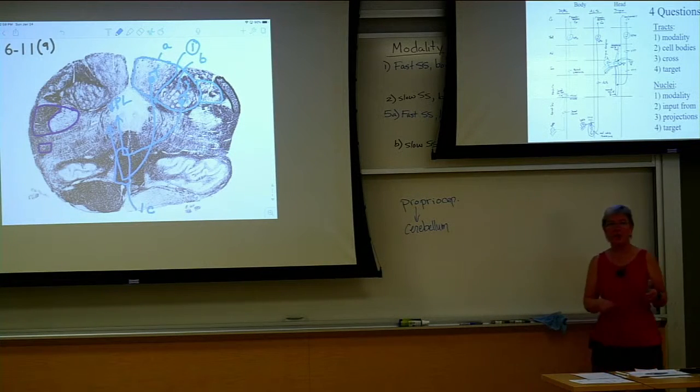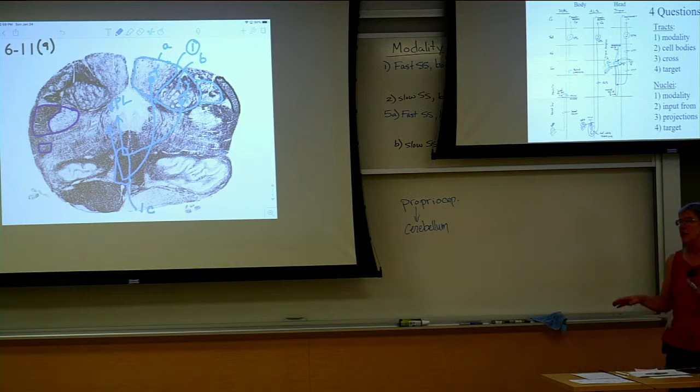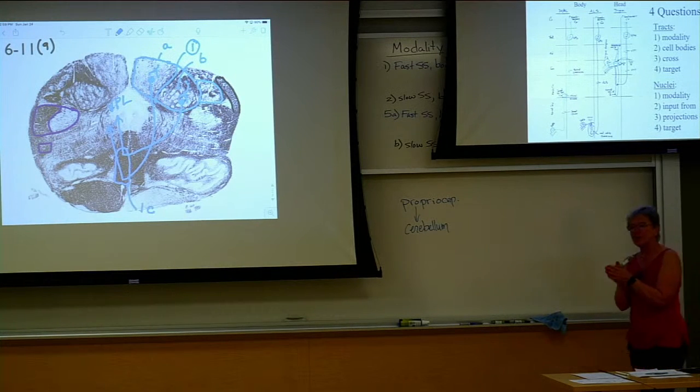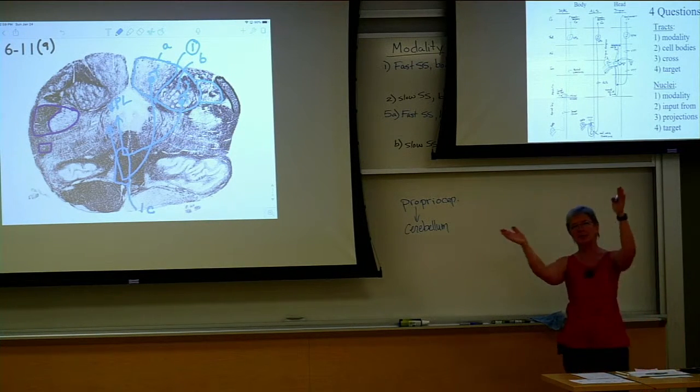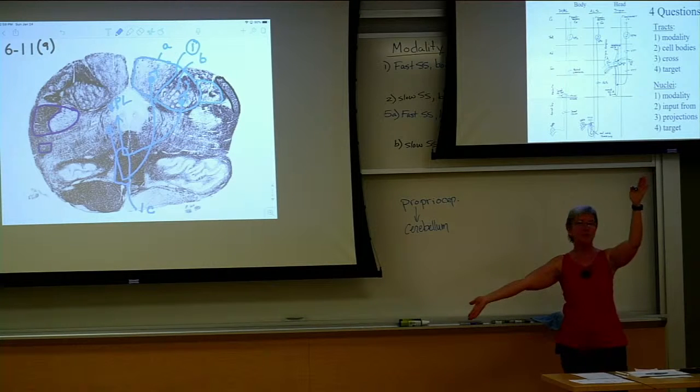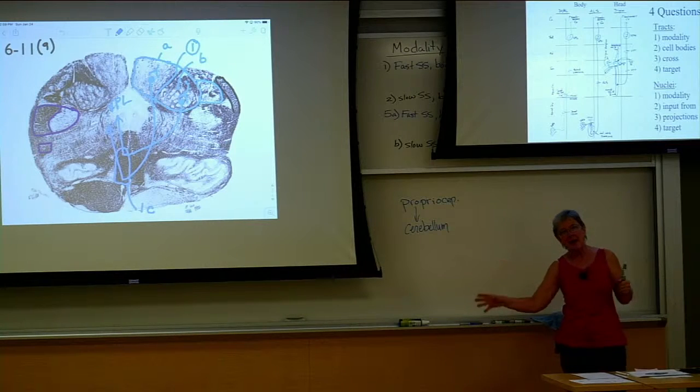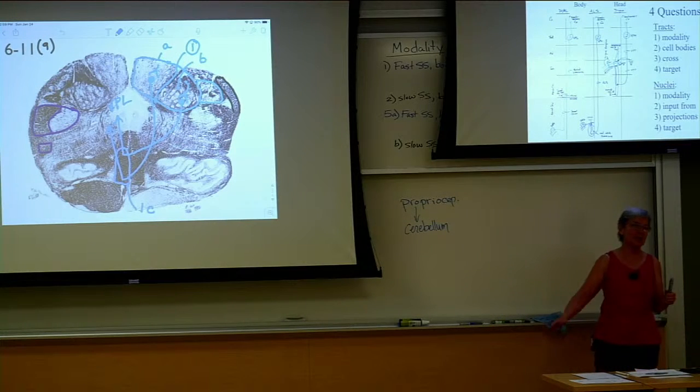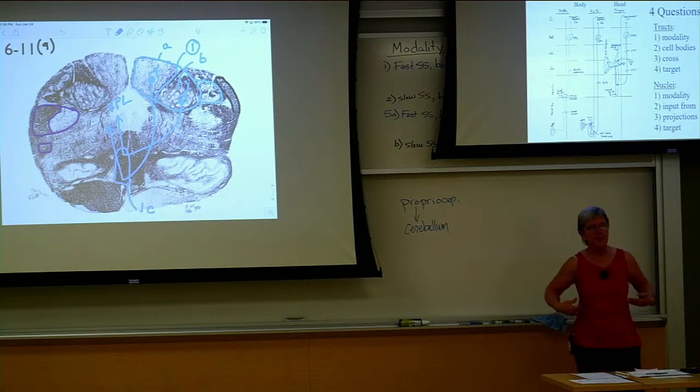For the lower body, we already covered that. The primary sensory afferent is going to send a collateral to nucleus dorsalis, or dorsal nucleus of Clark, same thing. And then that higher order neuron is going to send its axon up through the posterior spinocerebellar tract. And that's how proprioceptive information for the lower part of the body is going to get to cerebellum.